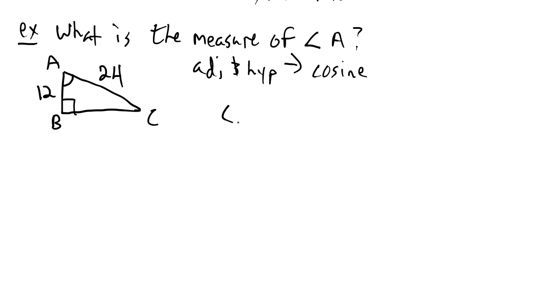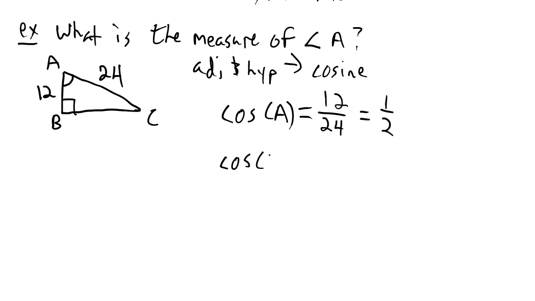So what do we say? We say the cosine of that angle is equal to the adjacent over the hypotenuse. 12 over 24 is just the same thing as 1/2. So we know the cosine of A is equal to 1/2. And now here we can use something called an inverse trig function.